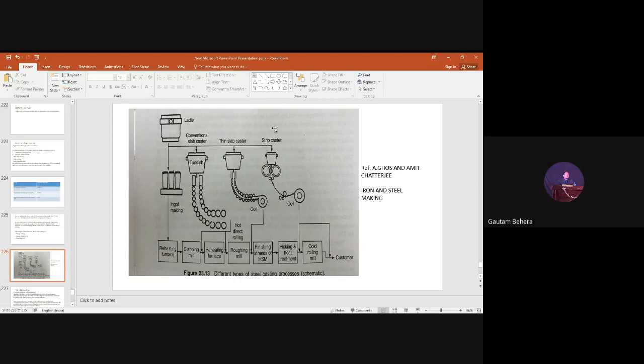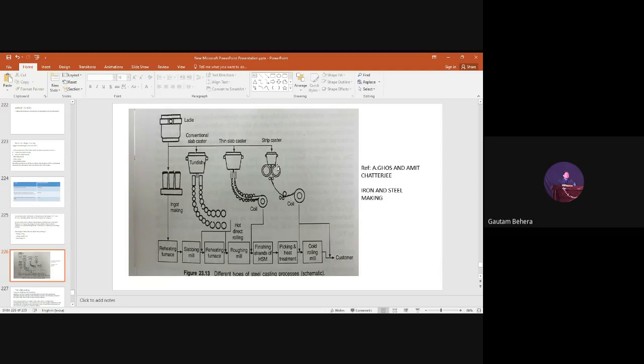Then finally, there is near net shape casting, that is the strip caster. You can see we are directly pouring the liquid steel into the rollers. Twin rollers are there. This is one roller and this is another roller. We are directly pouring the liquid steel in between the rollers to get a strip.